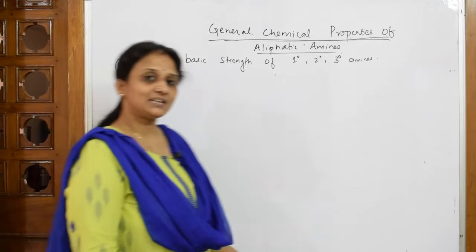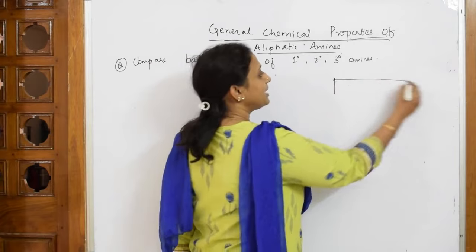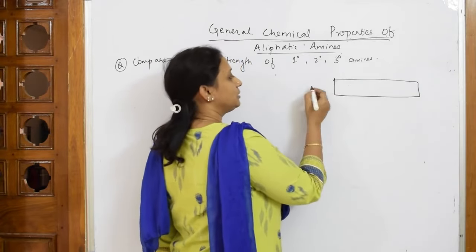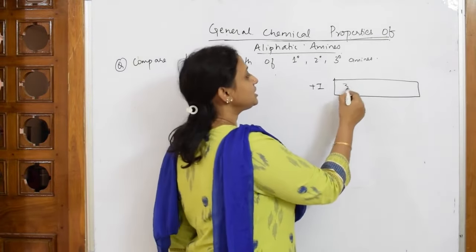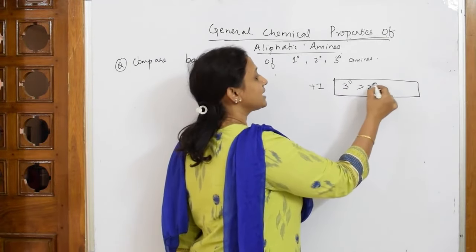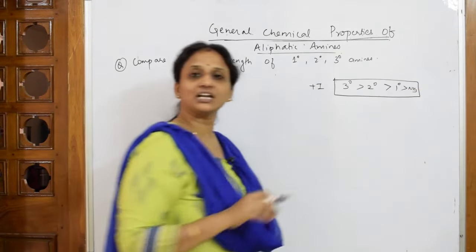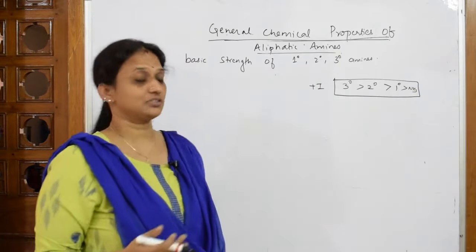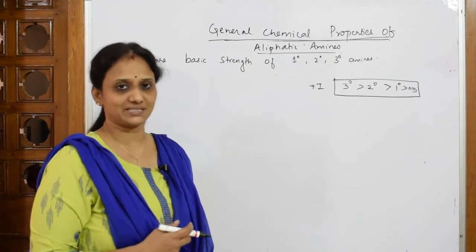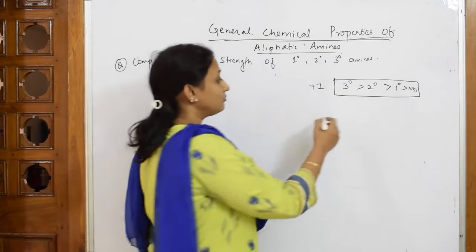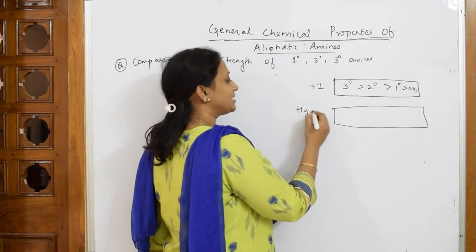When I taught you the earlier topic, I said based on the plus I effect, the electron releasing effect, tertiary is more basic than secondary, more basic than primary, which is more basic than ammonia, because the more alkyl groups, the more the electron density on nitrogen, the more it can release electrons, and the more the basicity.